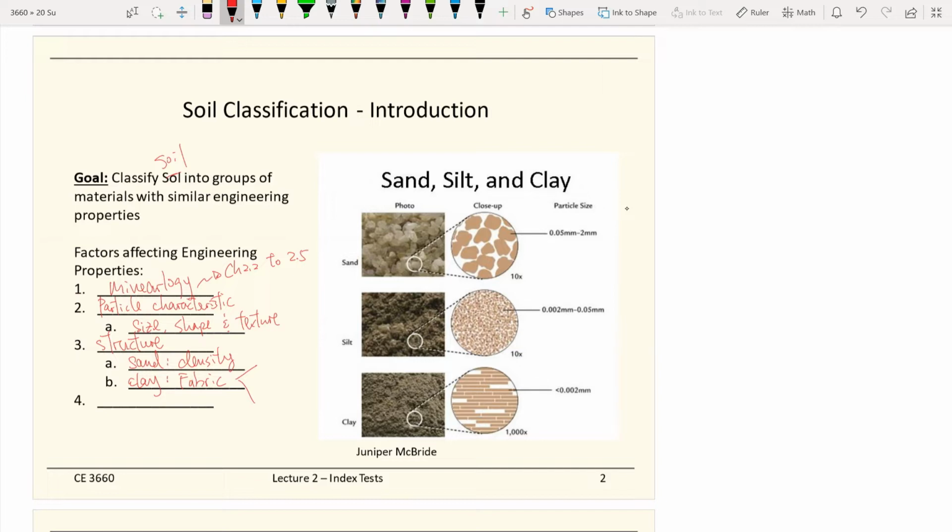For clay, it is a little more about the minerals of the materials, so it's a little complicated when you try to describe the different structures of clay.